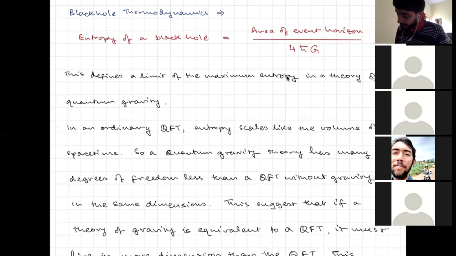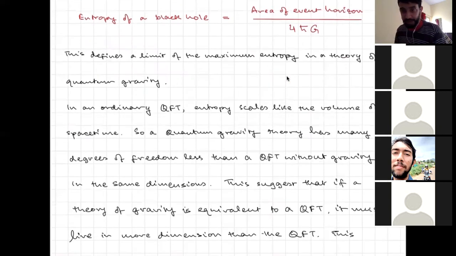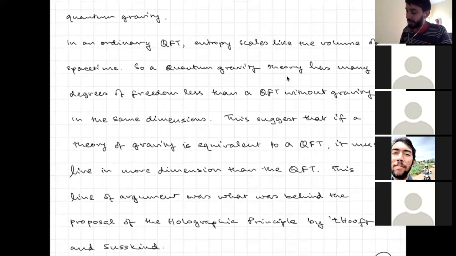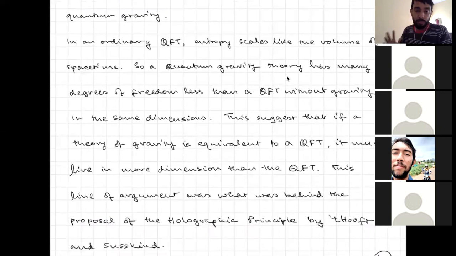So this suggests that if a theory of gravity is equivalent to a quantum field theory, it has to live in more number of dimensions. Only then can the entropies match up. Okay. This is sort of the line of argument that was behind the proposal of the holographic principle by 't Hooft and Susskind.